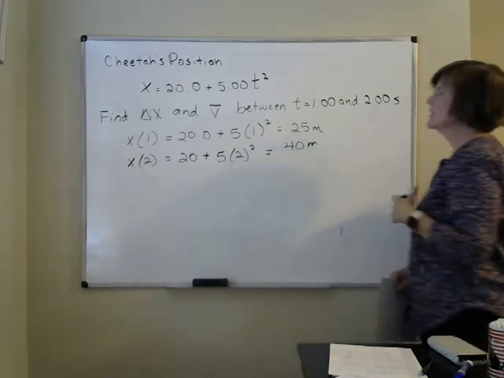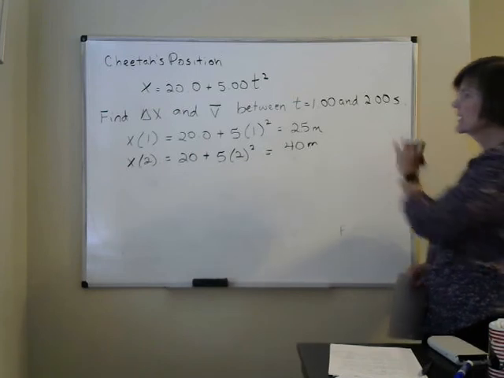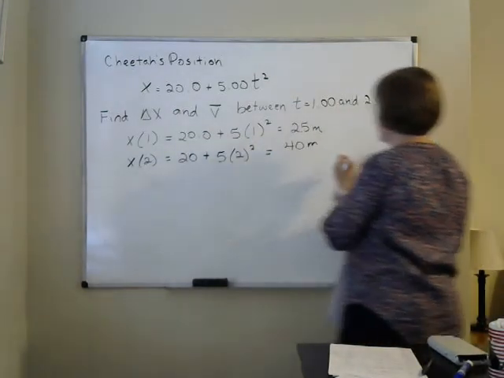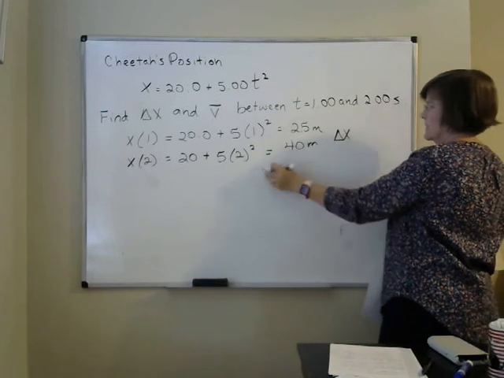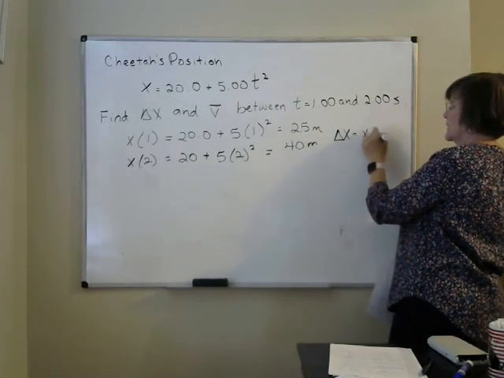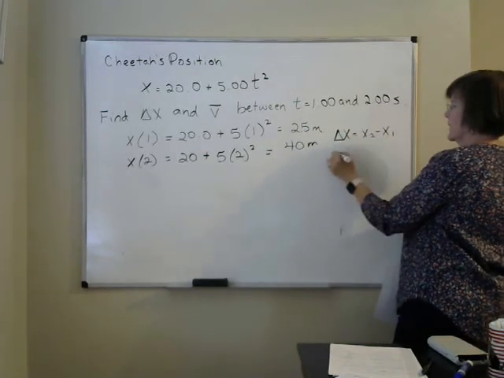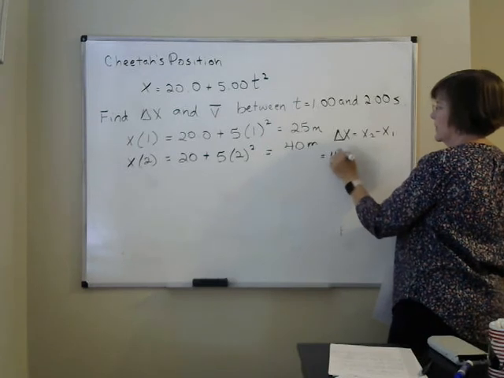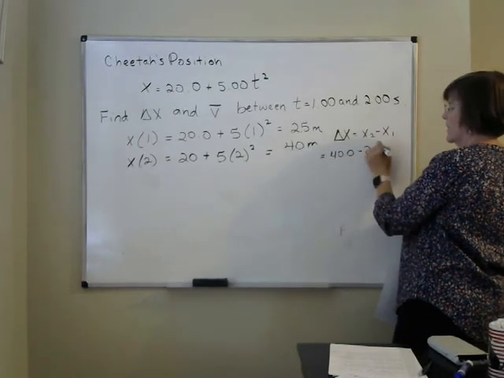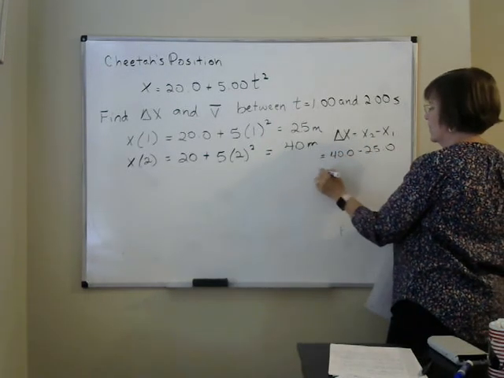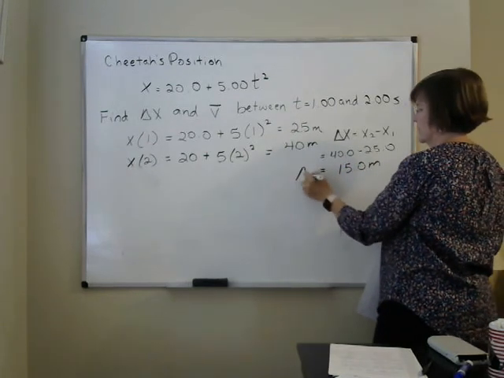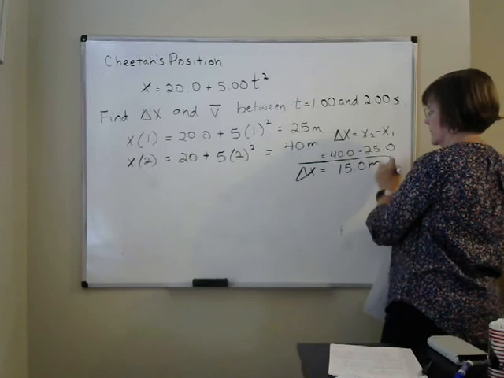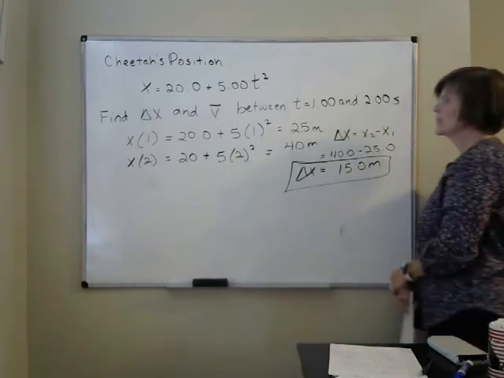Now, all of this is to 3 significant digits. I didn't write it here where I do my work, but that means my displacement, x2 minus x1, is going to be 40.0 minus 25.0, or 15.0 meters. That's pretty straightforward.